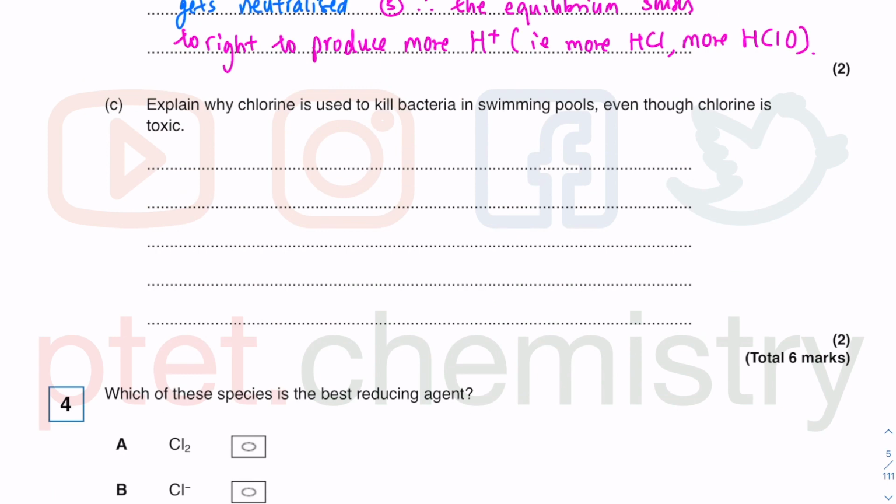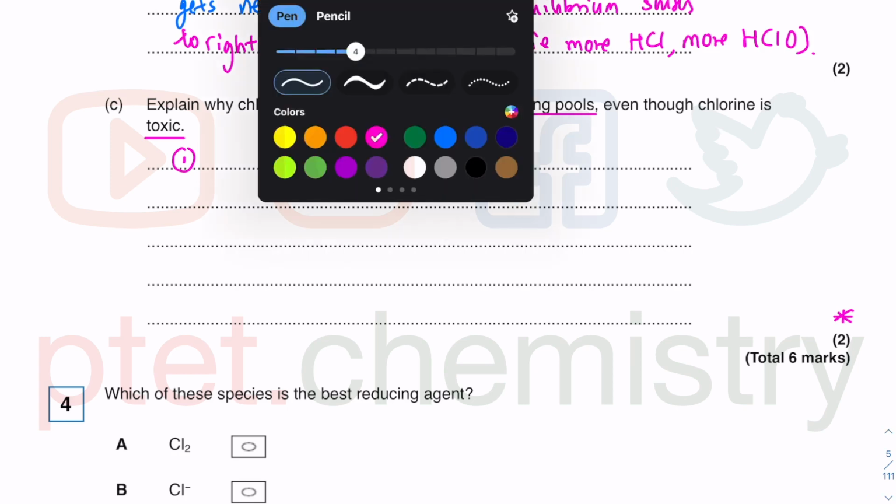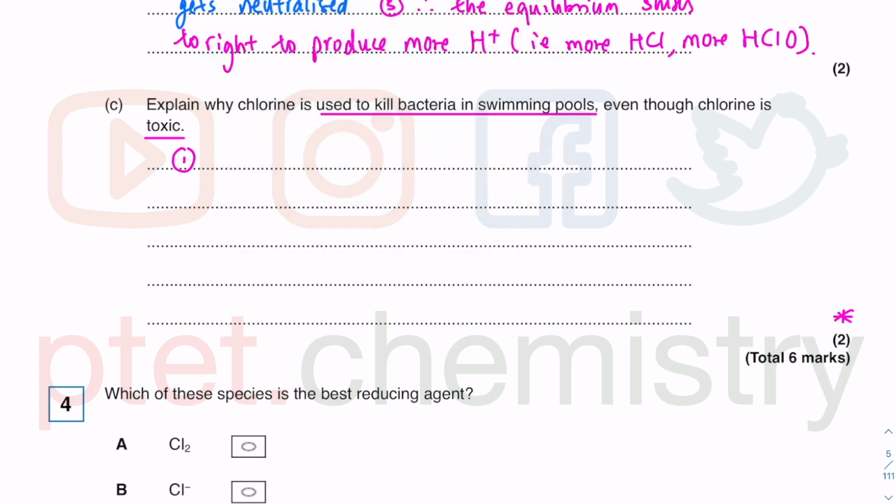In part C, why in the world is the chlorine used even though it is toxic? So chlorine and bromine are toxic substances, but why in the world do we put them into swimming pools? There are 2 marks to this question, so we need to write 2 points. So sometimes we use things even though they are toxic because they have far greater benefit, and in terms of your swimming pool water, you do need it to be clean of bacteria and whatnot.